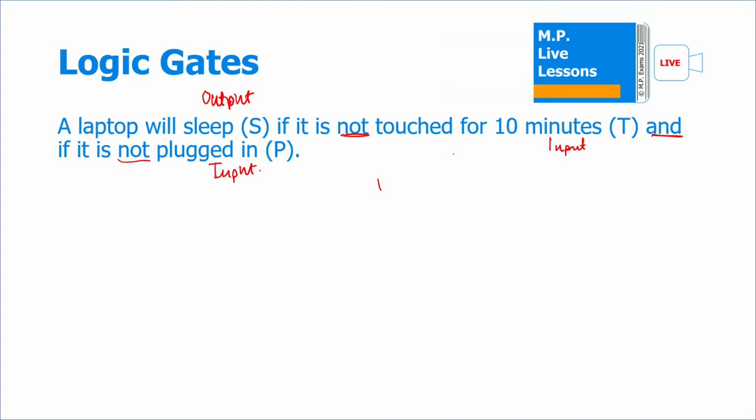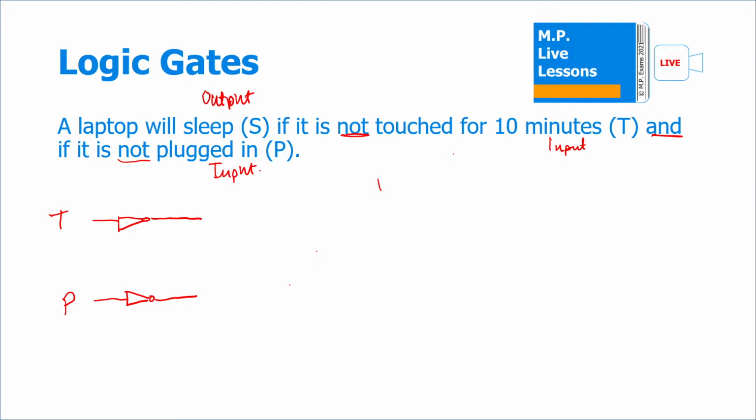So we have our inputs T, so if it's touched, then P for plugged in. Now for both of them, you notice that there's not, so we put a not gate immediately. And then we need to let the laptop sleep if it's not been touched for 10 minutes and it's not plugged in.